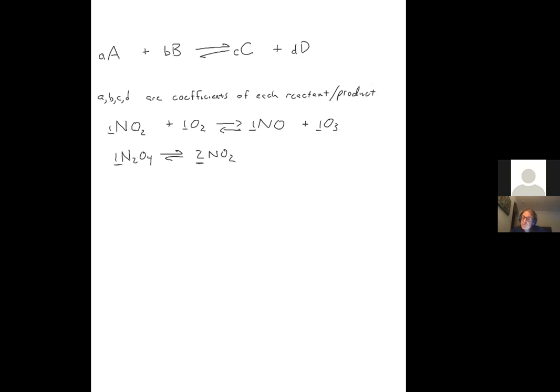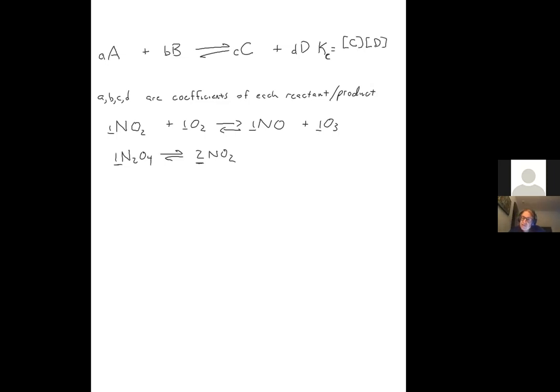We're concerned with the coefficients, and here is why. Remember when I said that the ratio of the product to the reactant was constant? That was not exactly true. It was true for that particular reaction, but the more general truth is the observation that there is a constant for reversible reactions, and I'm going to call it Kc, and it is equal to the concentration of each product multiplied together.